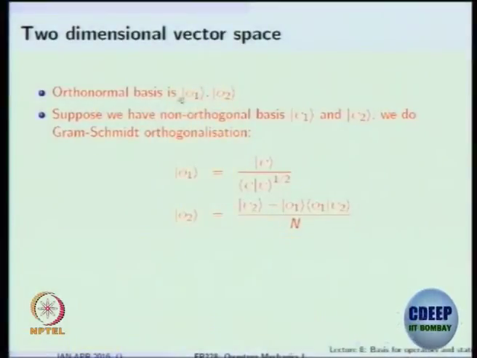Okay. So, let me just try to, okay, so this is what I went through just now, that you have phi 1 phi 2 which is an orthonormal basis and psi 1 psi 2 which is non-orthogonal, and you can do a Gram-Schmidt orthogonalization, and in the process you see that phi 1, this outer product, is nothing but a projection operator projecting onto a subspace phi 1, and you subtract that out, and then what you get is the state which is orthogonal to phi 1.